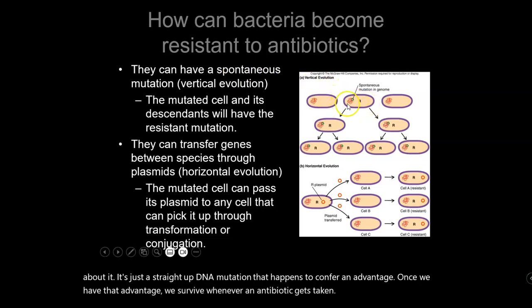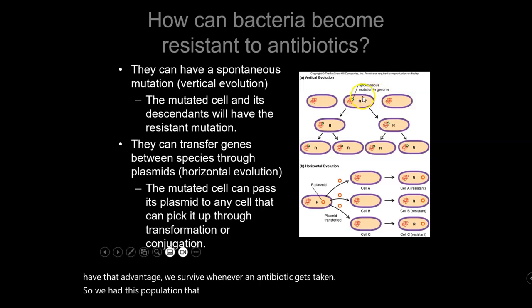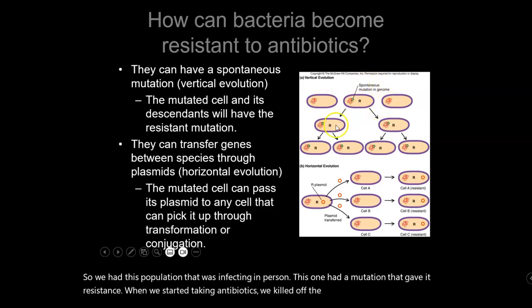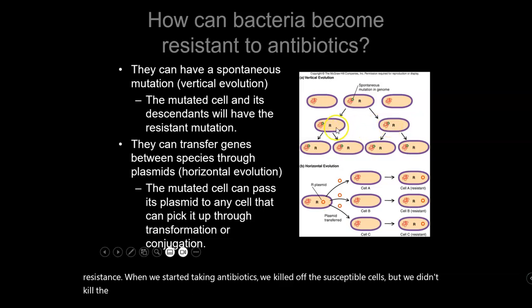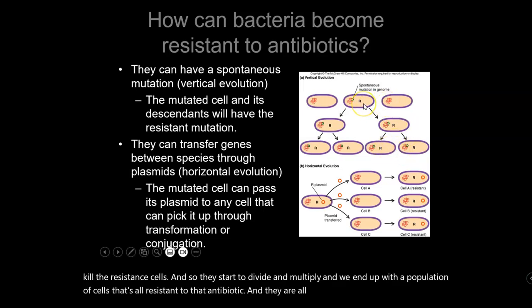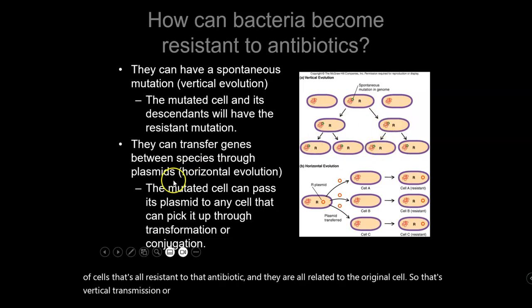So we had this population that was infecting a person. This one had a mutation that gave it resistance. When we started taking antibiotics, we killed off the susceptible cells, but we didn't kill the resistant cells, and so they start to divide and multiply, and we end up with a population of cells that's all resistant to that antibiotic, and they are all related to the original cell. So that's vertical transmission or vertical evolution.